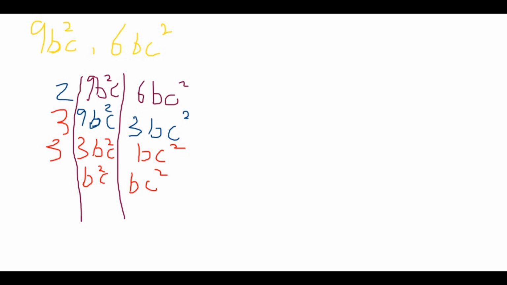Next, since I choose to divide the letters in alphabetical order, I'll divide by b first. So if I divide by b here, I'll have bc, and if I divide here, I'll be left with c squared. I'll divide by b again here, and I'll be left with c here, and also c squared is going to come down.